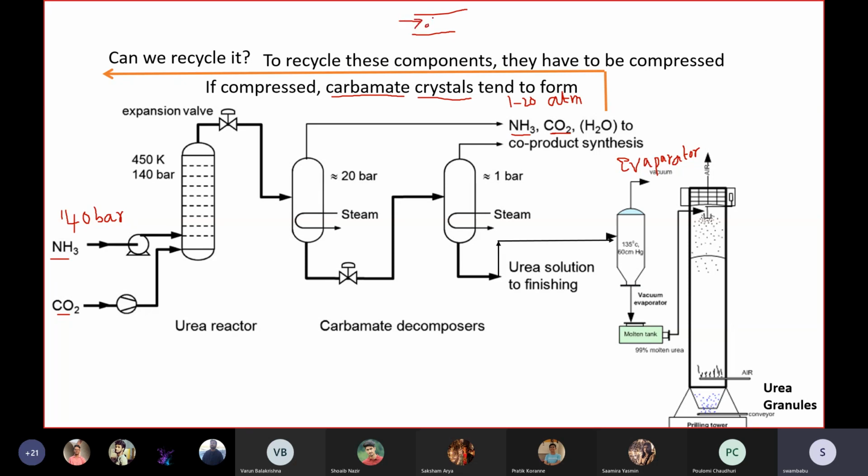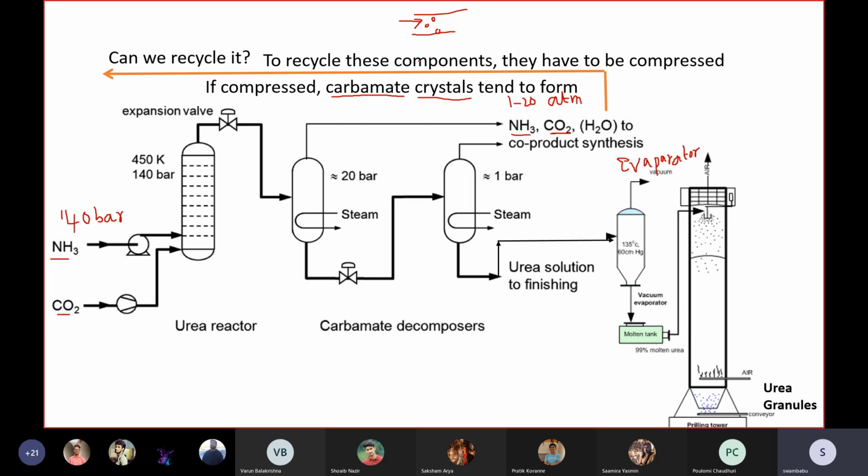If you have any crystals, two things can happen. Abrasion between the crystals and the surface will happen, and the ammonium carbamate crystals can also be highly corrosive. So because of that, we cannot recycle as such. We cannot simply compress it and recycle it.